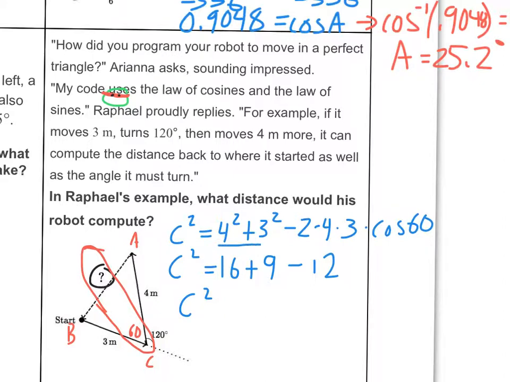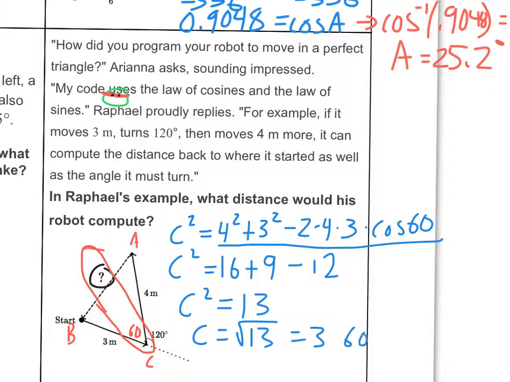Again, you can just plug this into a calculator and you're good. 16 plus 9 is 25, minus 12 is 13. C is going to be equal to the square root of 13, which is somewhere bigger than 3 and less than 4. And what the heck, I already have this open, I might as well: 3.605.